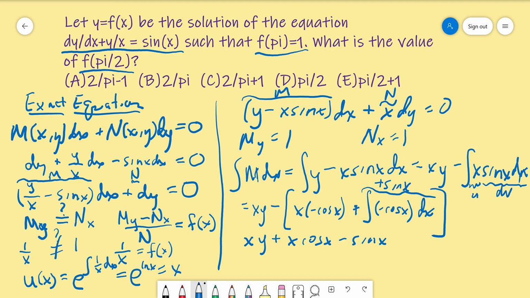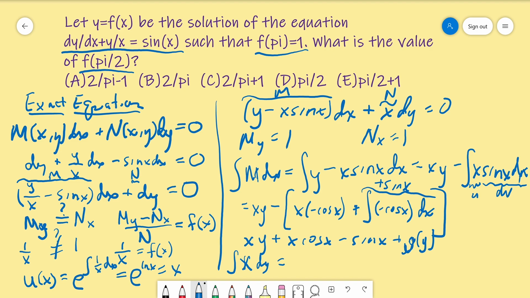Now the integral of N, that's just going to be the integral of x, sorry, and we have to take the integral with respect to y. I forgot, here you have to add some function, let's call it little g of y, because when we took the derivative, if you take the derivative of this whole thing with respect to x, then this is going to cancel out. It's going to drop out.